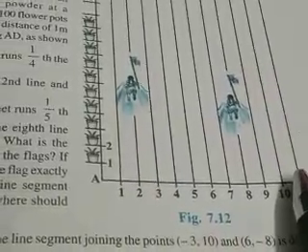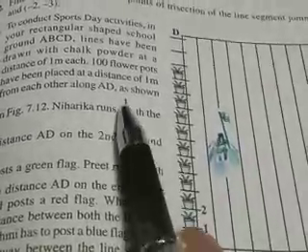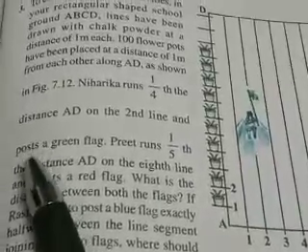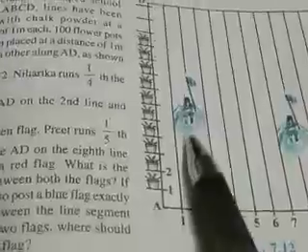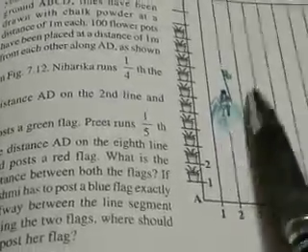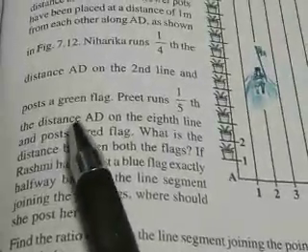Now here Niharika runs 1/4 the distance AD on the second line and posts a green flag. Similarly, Preet runs 1/5 the distance AD on the 8th line and posts a red flag.